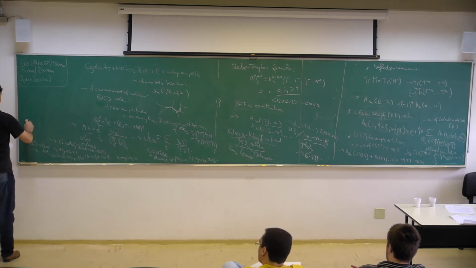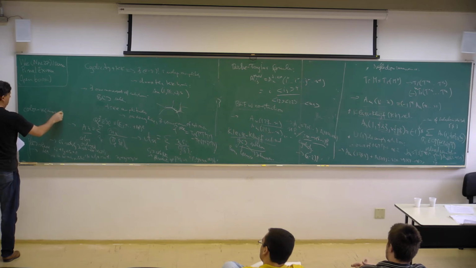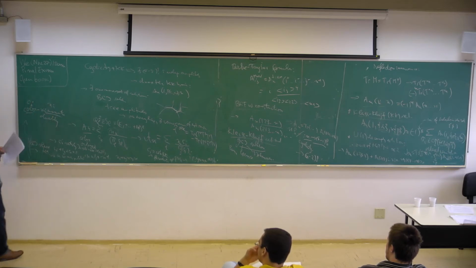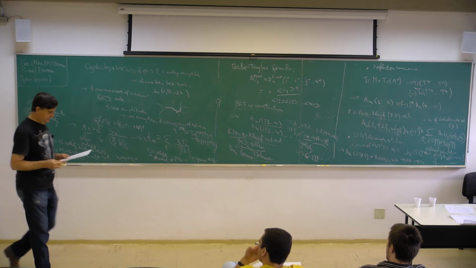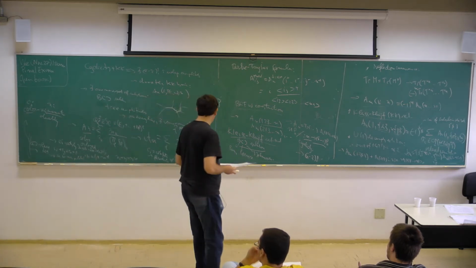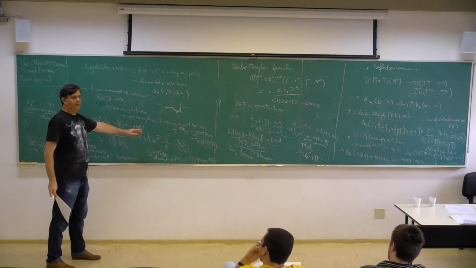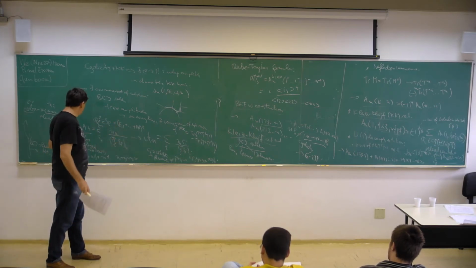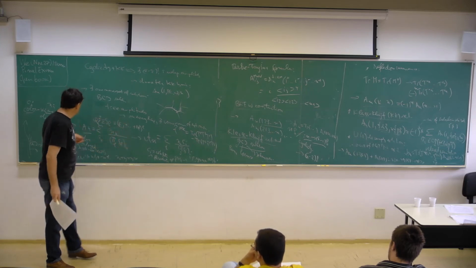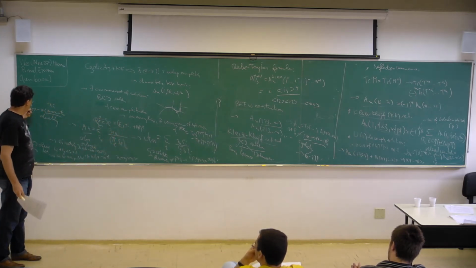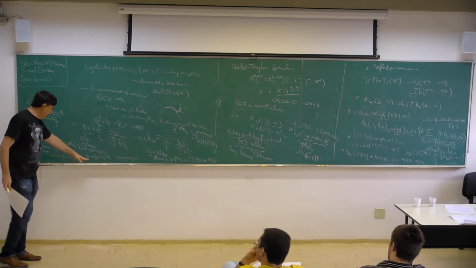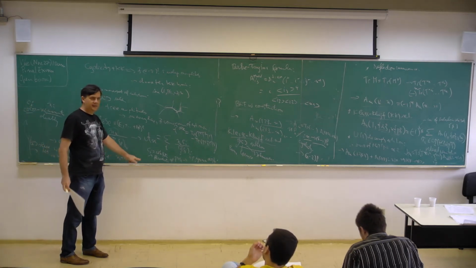So that amounts to a color-kinematic duality: color for Ci, kinematic for Ni. So we find the Jacobi relation for Ci's, and from them we deduce a relation between Ni's, Ni plus Nj plus Nk equals 0.